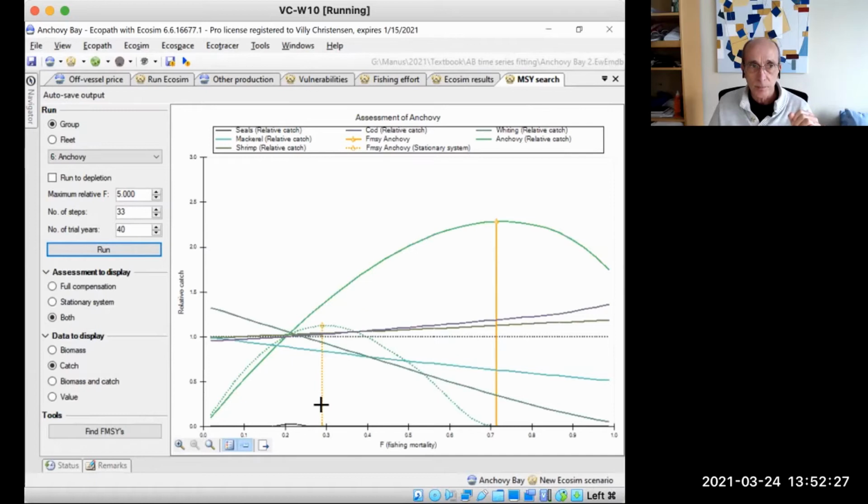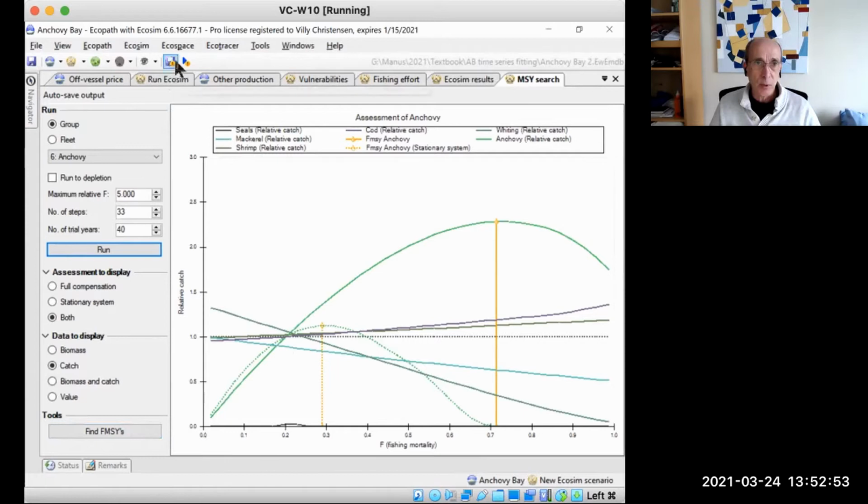So this is a core aspect of how we use the FMSY. And there is one more button over here called Find FMSYs. That can do what we've just been doing, but it can do it for all of the fish groups in the system.